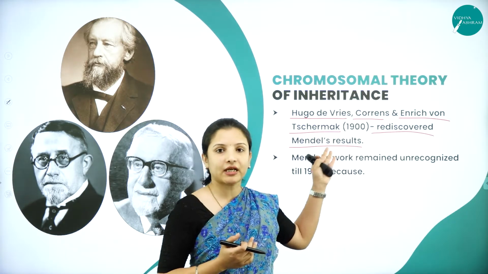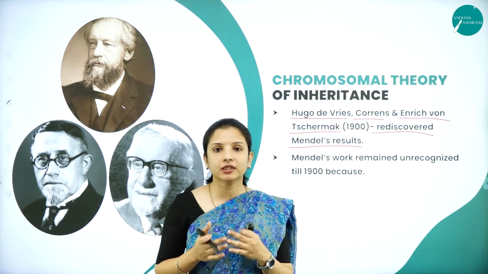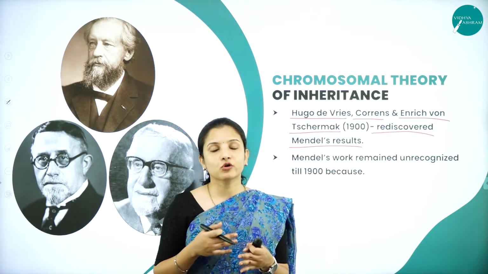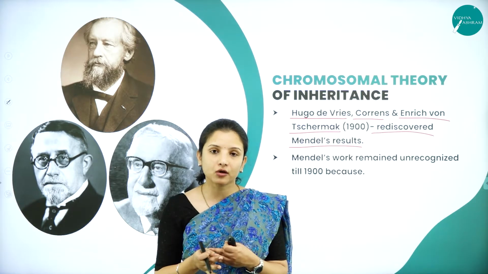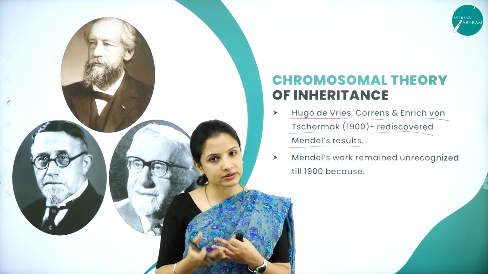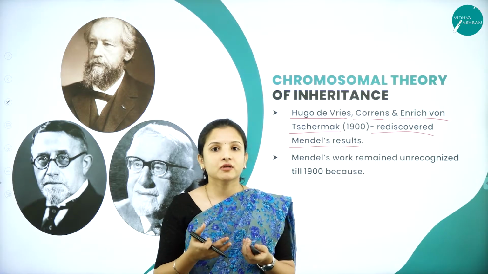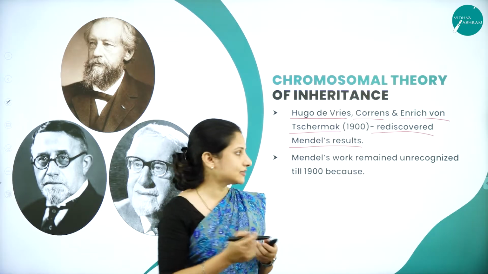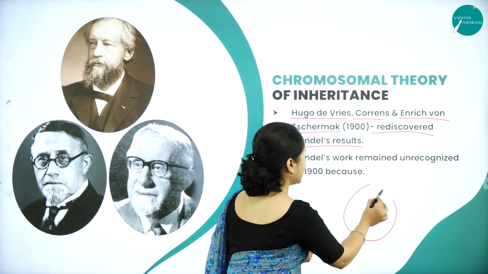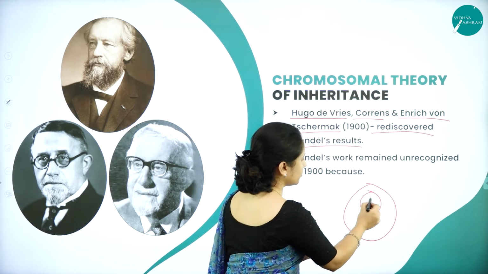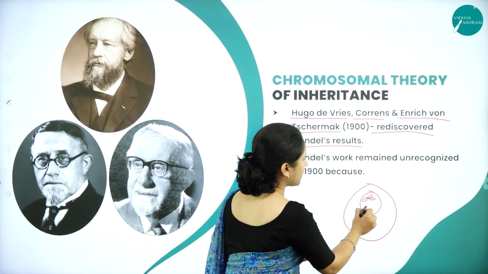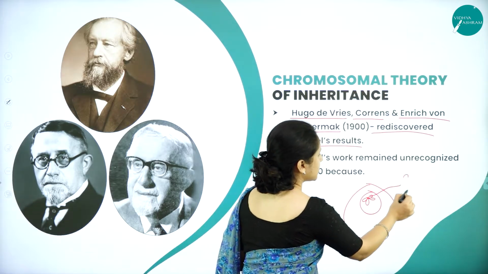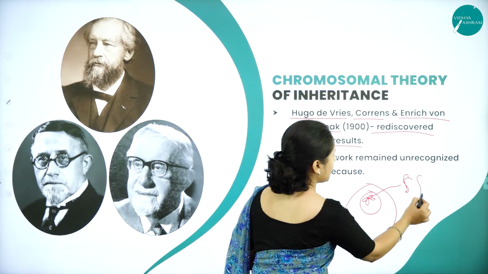Why? Because during the time of these scientists, in the year 1900, the microscope technology had advanced, and the scientists were able to study the cells. They found out that inside the cell there is a nucleus, and inside the nucleus there is the chromosome, and in the chromosome the genetic material, the DNA, is present.